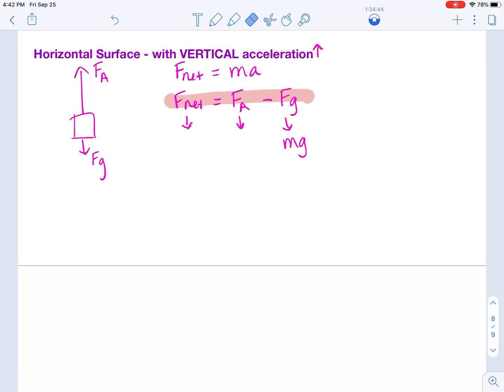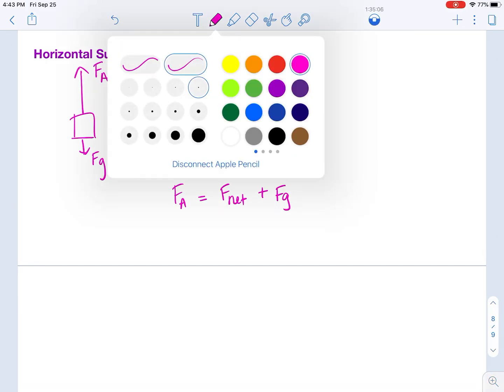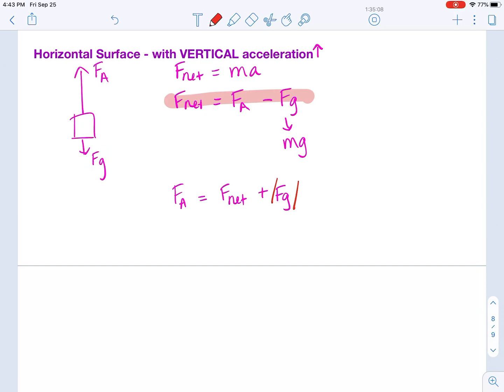We talked today about how if you are calculating for the applied force, so you had some questions about things being lifted, and we wanted to know, what was that force that was used to actually lift the object? I reminded you that when we do our rearranging here, we are adding the magnitudes of these two forces.